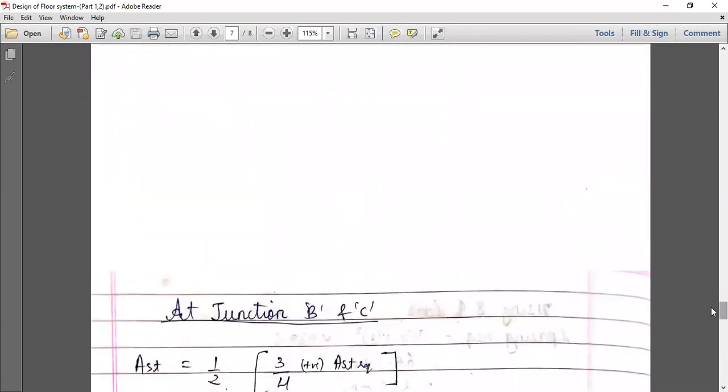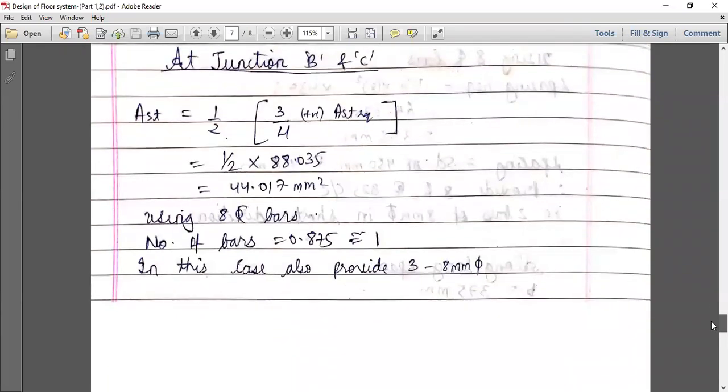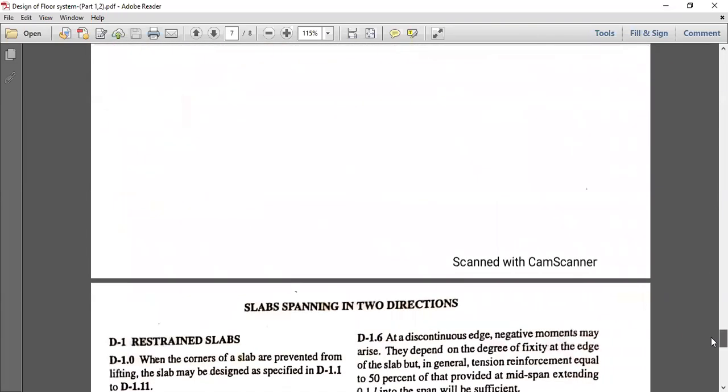So at junctions B and C it is half of the area we have provided, which comes out to be 44. Again using 8 mm diameter bars we will provide the number of bars. In this case also let us provide 3 bars of 8 mm diameter.